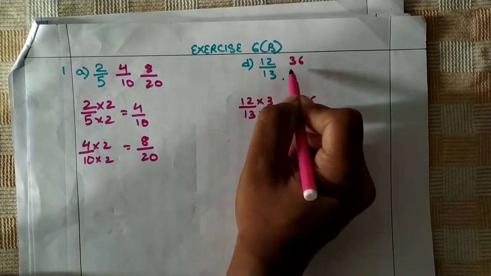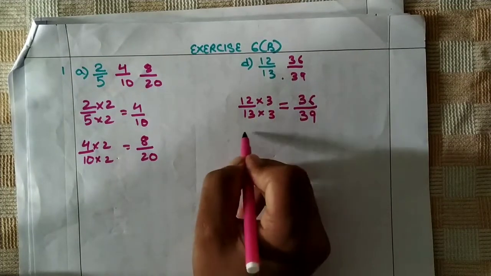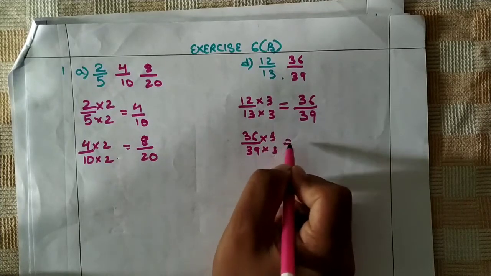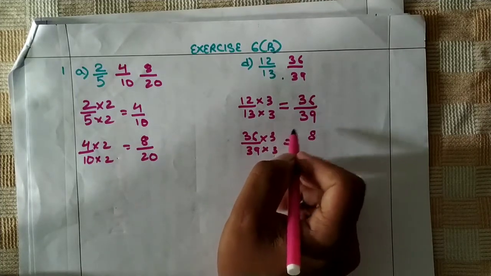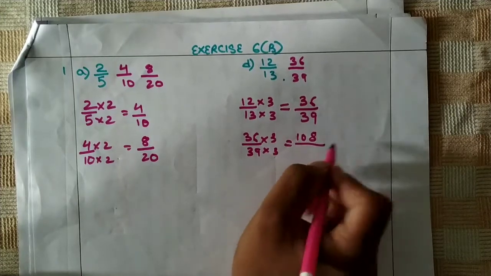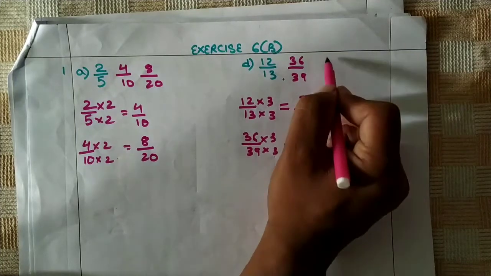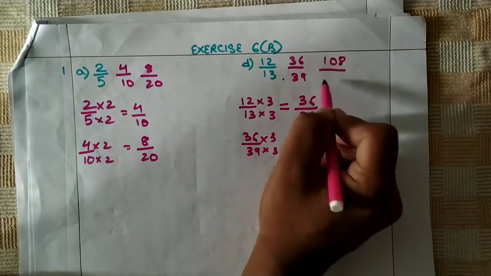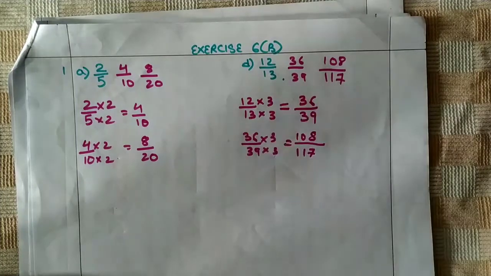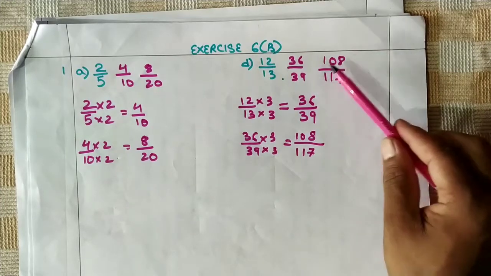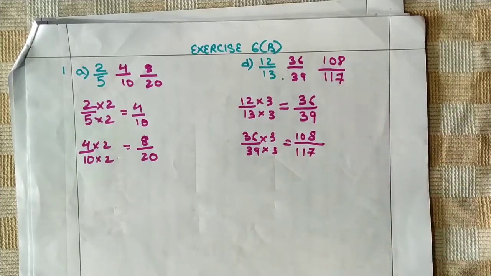One equivalent fraction is 36 by 39, and let's multiply 36 by 39 by 3 again. 3 sixes are 18, 3 threes are 9, that's 108 by 117. So the equivalent fractions of 12 by 13 are 36 by 39 and 108 by 117. This is how you can find equivalent fractions using multiplication.